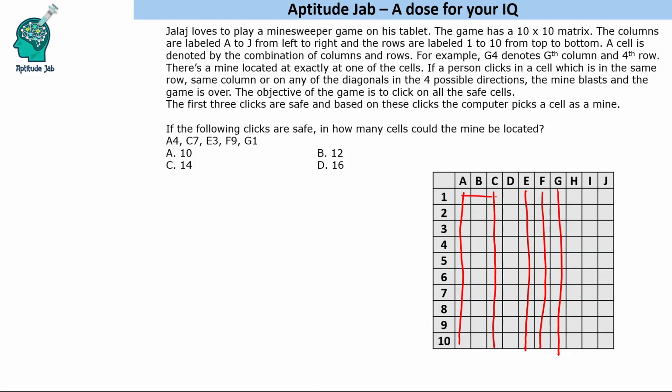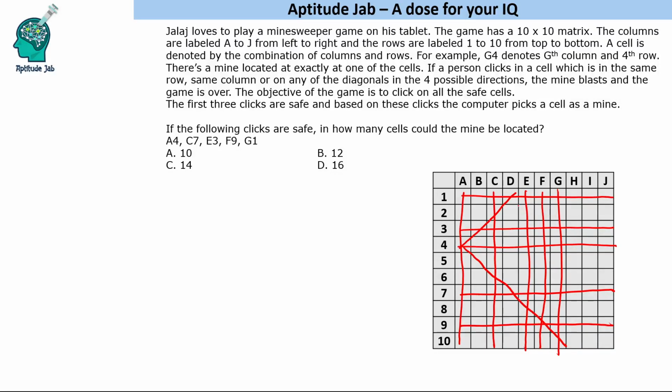Right, so these are safe, right? So now we will find the diagonals also, right? So A4, if I take A4, this diagonal will be safe, and this will be safe.